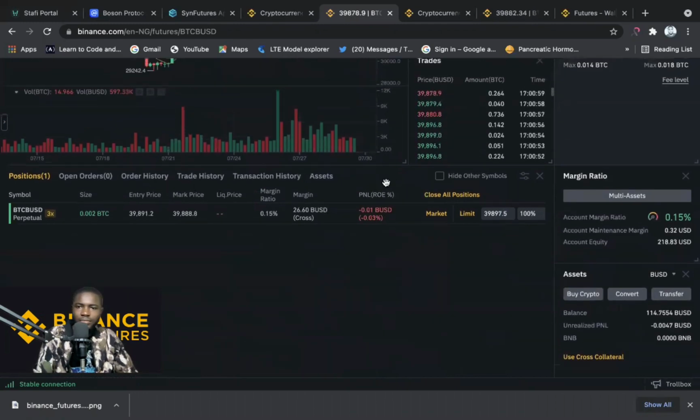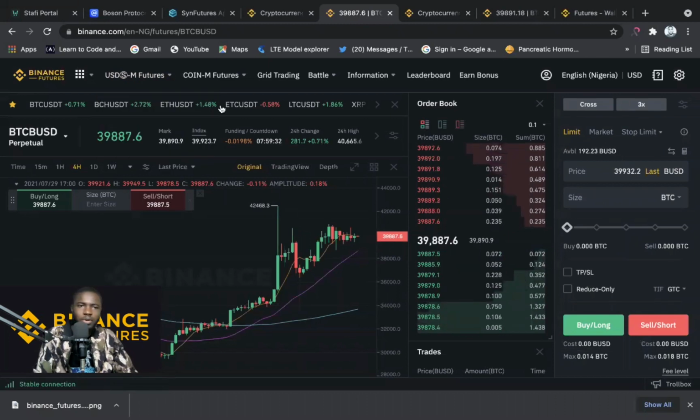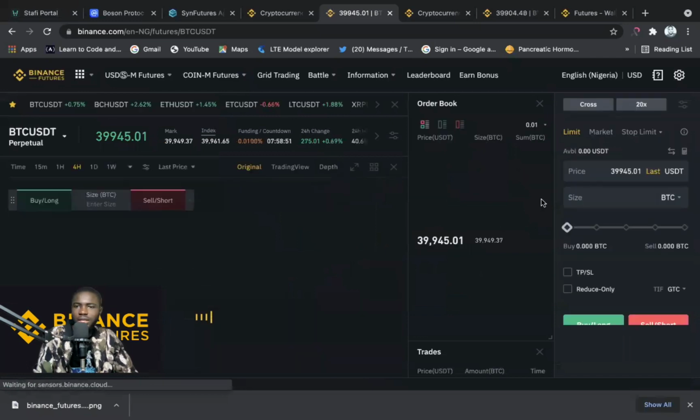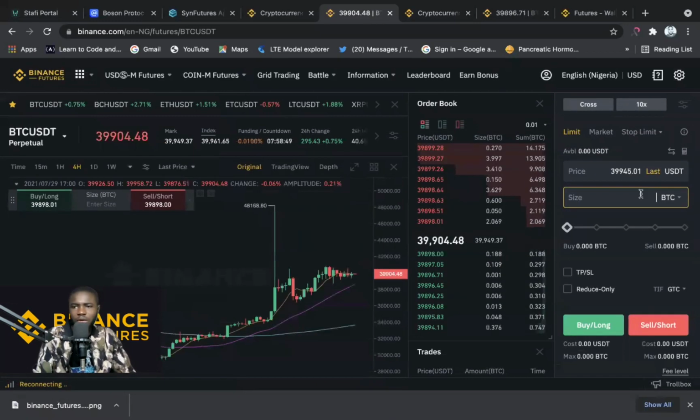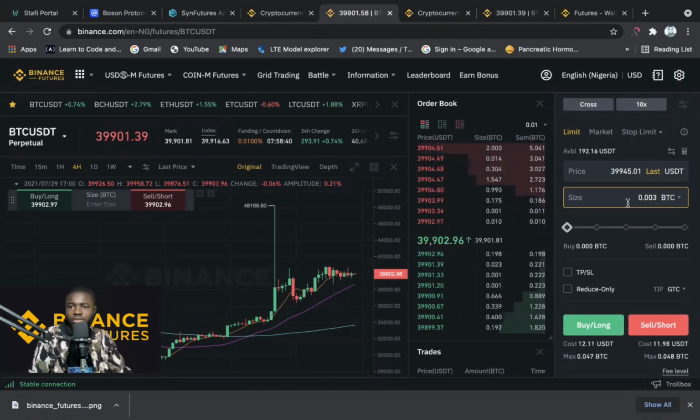We are in the BUSD perpetual contract, so I'm going to go to USDT perpetual contracts, and I'm also going to open another position, right? Let's say 0.002. Oh no, let's use 0.003.